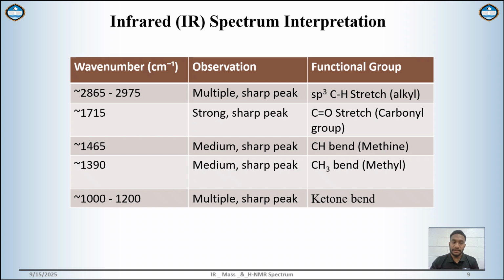Wave number approximately 1390 shows a medium sub-peak, which is a CH3 bend and a functional group of methyl. And the final one, wave number approximately 1000 to 1200, shows multiple sub-peaks and a functional group of ketone band.